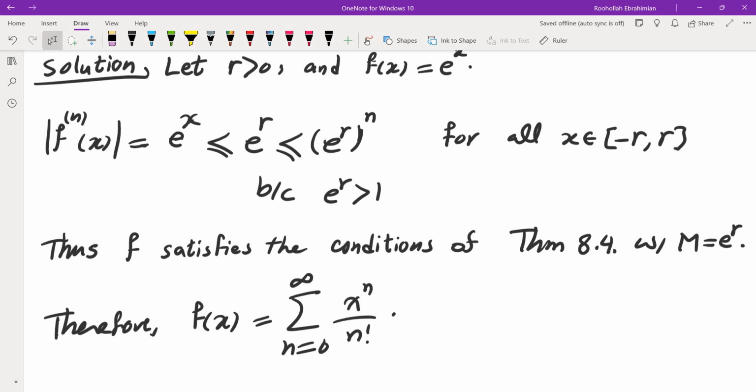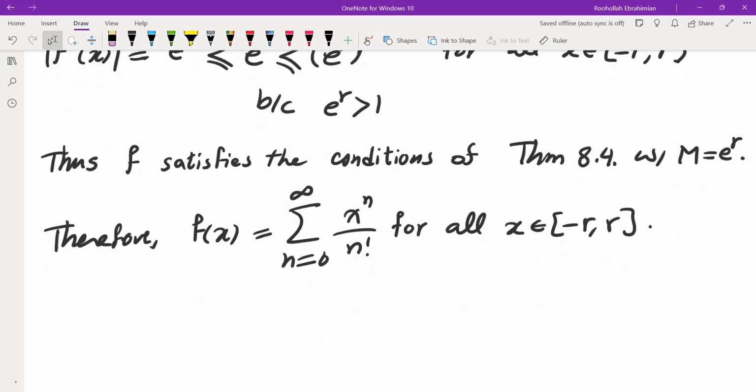Therefore, we have this equality, but this is only true for all x between negative r and r. So what we need to show is that in fact this function is equal to this Taylor series for every x in R. And why can we do that? Because for every x there's an r more than that.